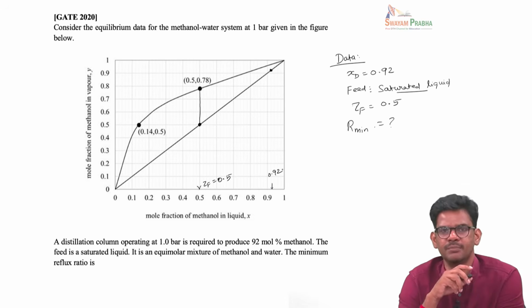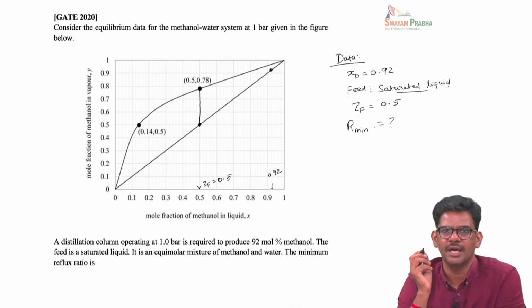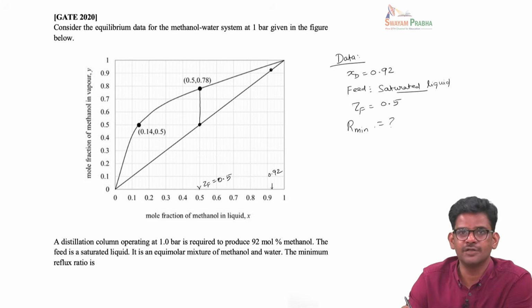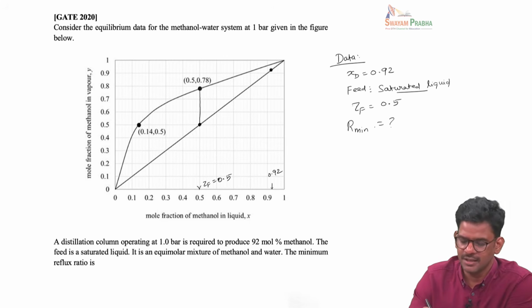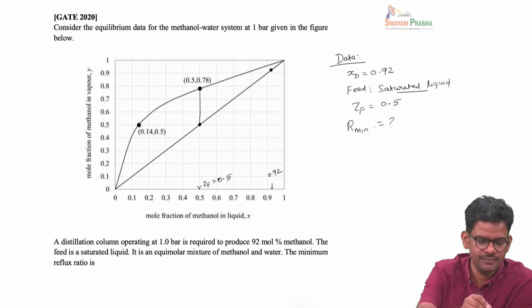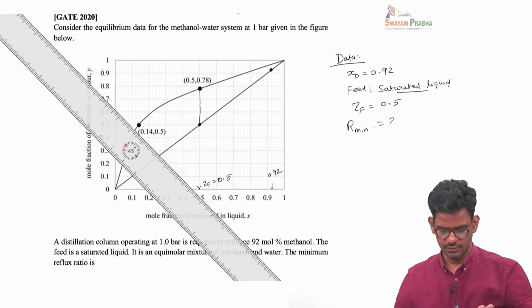For minimum reflux ratio, we need to draw the enriching section operating line starting from XD on the 45-degree line and then connecting the point where the Q line and the equilibrium line meet each other.